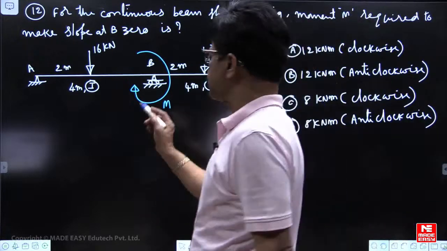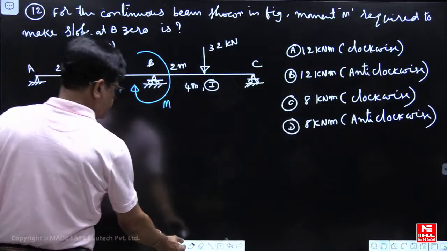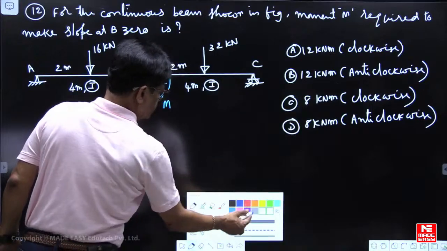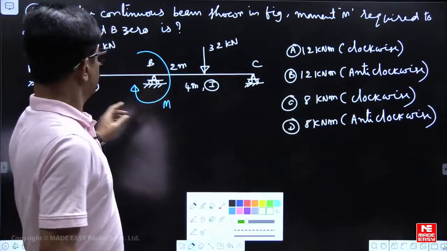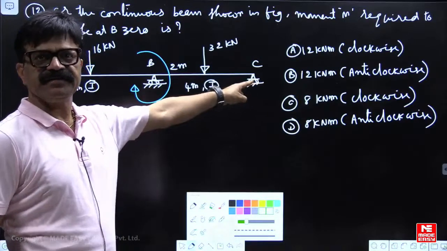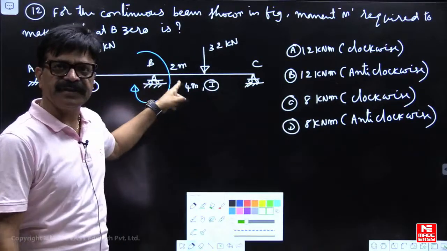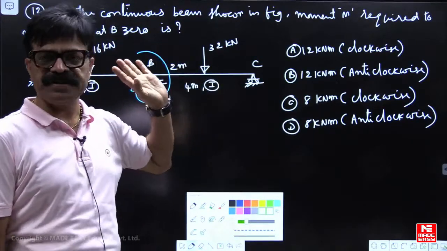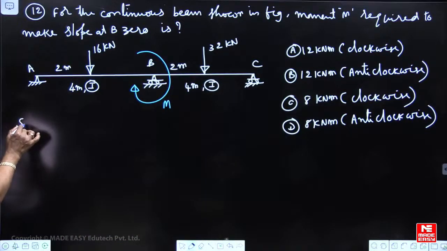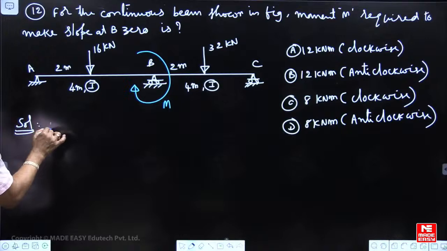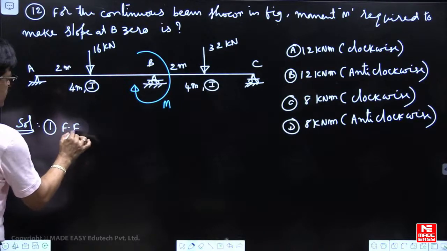First again, you must use the MDM. First we will symbolically find the fixed end moments, then release at A and C. Then you will know what is the moment required at B to make the slope 0. So in this one, first step is finding the fixed end moments.